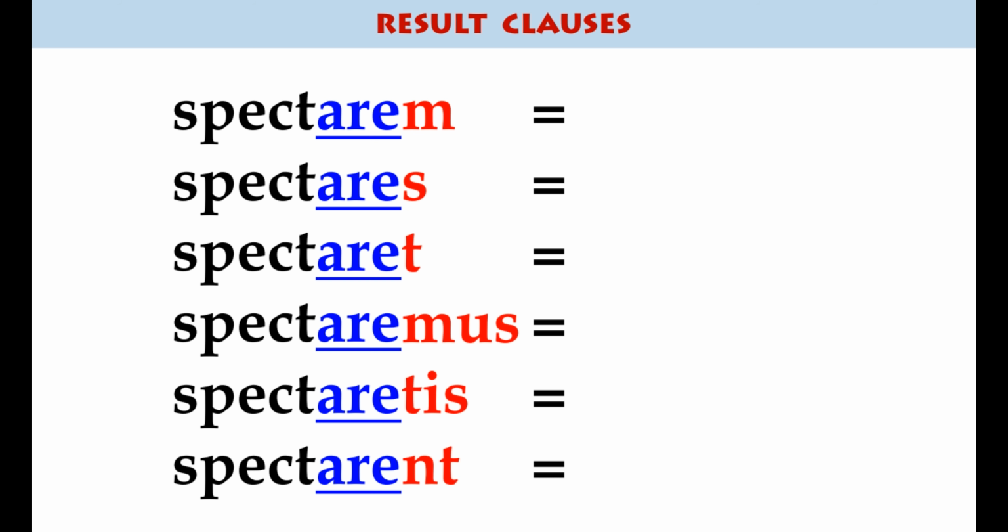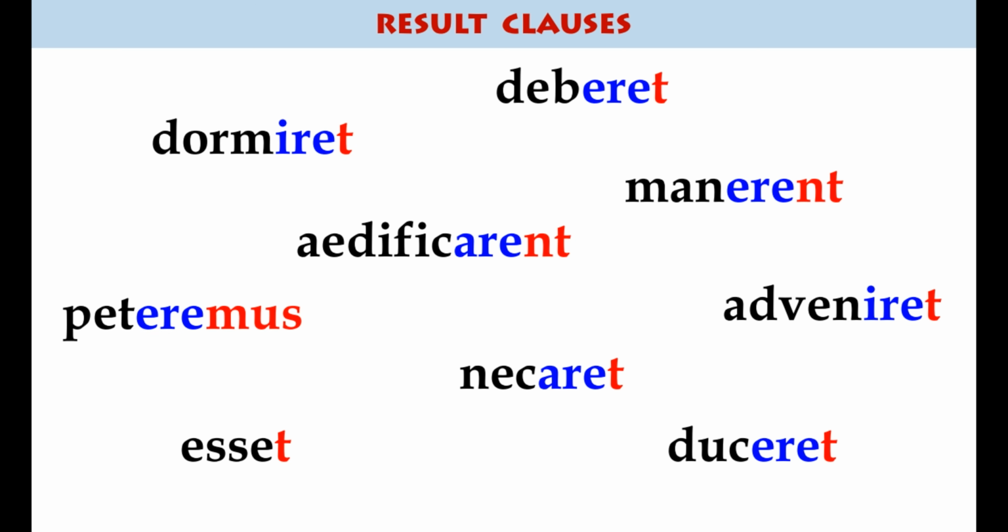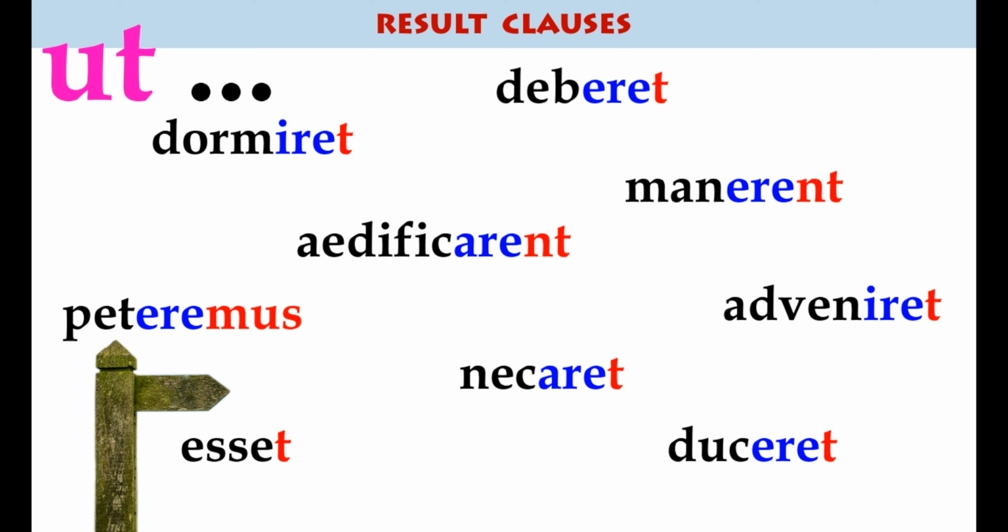The present infinitive with one of these very basic endings on for the person. So if you have a verb that looks like this very soon after ut, then you'll know either it's a purpose clause, or if you go back a bit further and check out the signpost word and there is one there, then it's actually a result clause, and you've got to translate it as a result of what happened in the first half of the sentence.